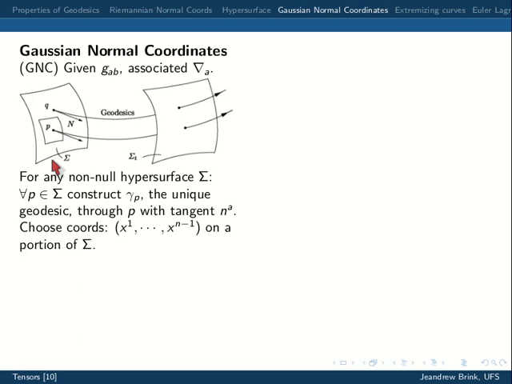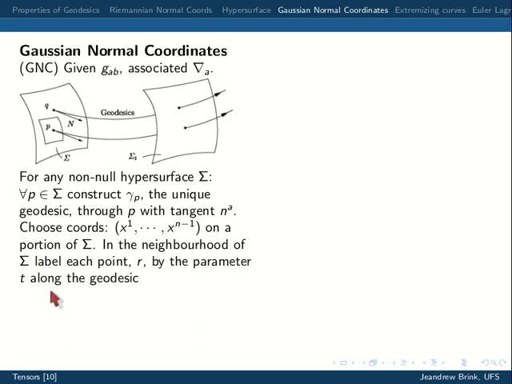And then in the neighborhood of sigma, you can say, okay, let's label each point R by the parameter T along the geodesic. So the moment you step off the slice, you can say it's the point that you've stepped a distance T along the geodesic that started at P. Okay, so it's a new way of connecting the coordinates on this slice with coordinates at a later time.